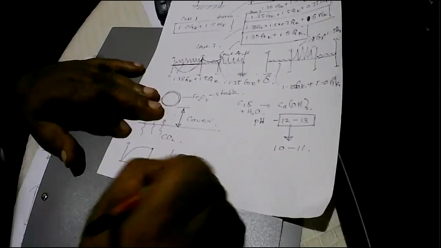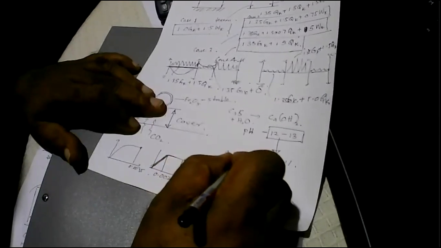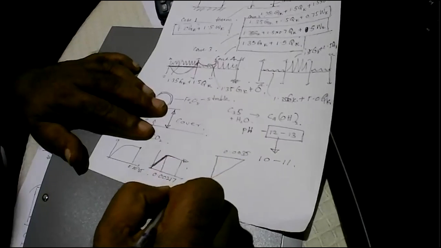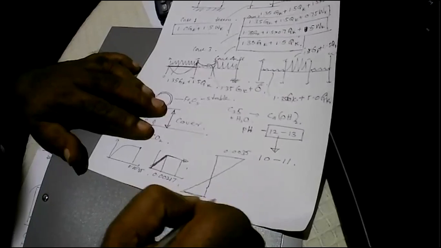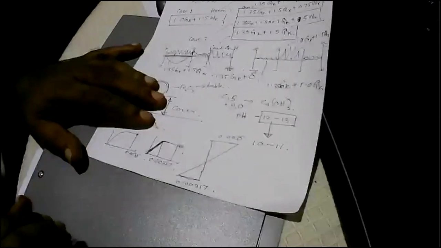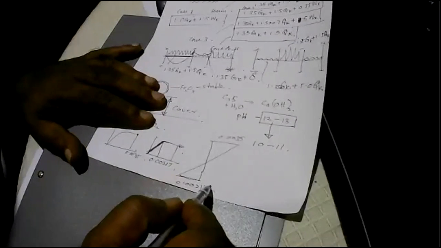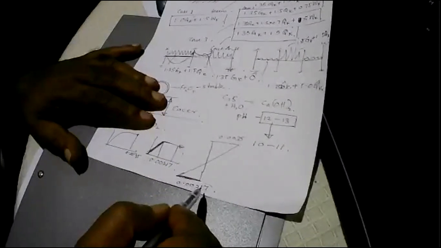So when the strain in concrete is 0.0035 and the strain in steel is 0.00217, the concrete is about to crush and steel has just started yielding.